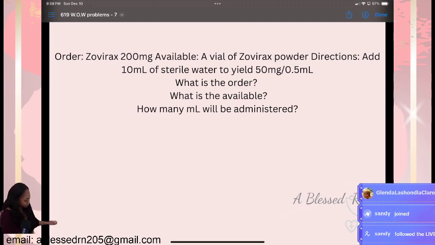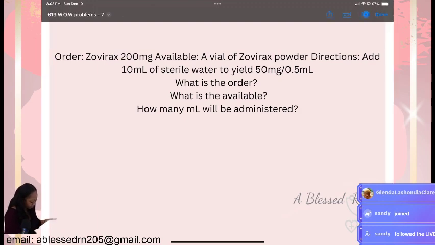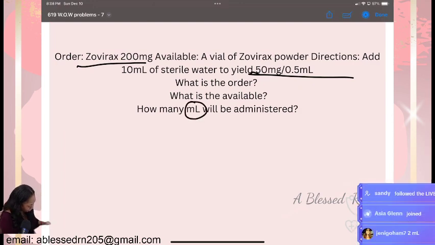Okay, same thing, Zovrex. 200 milligrams available of vial Zovrex powder. Add 10 milliliters of sterile water to yield 50 milligrams per 0.5 mLs. What is the order? This is your order. What is available? That's your concentration. And then how many mLs are we going to administer?